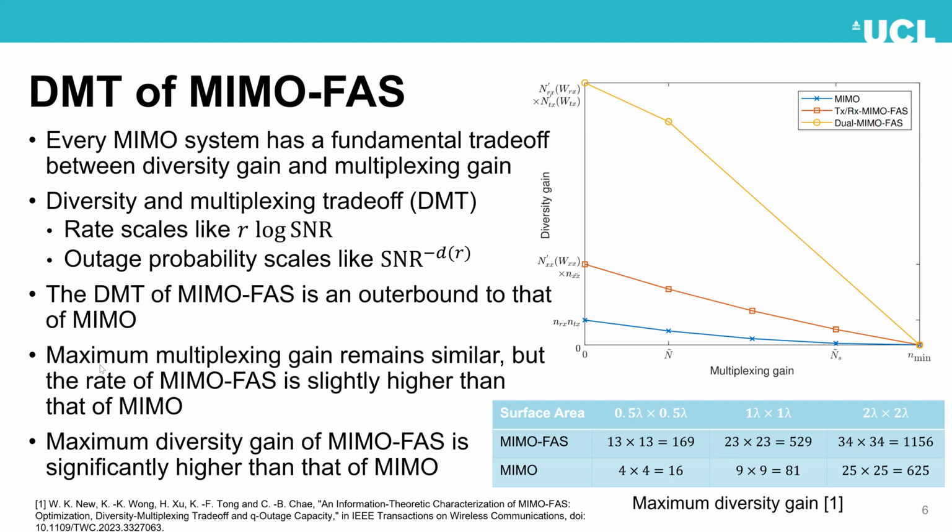Specifically, the maximum multiplexing gain of both schemes remains quite similar, but it's worth noting that the rate of MIMO-FAS is slightly higher than that of MIMO. It's just that the rate doesn't scale with respect to the SNR, and therefore it isn't considered a multiplexing gain. I mean, in fact, there's insufficient resolution as well.